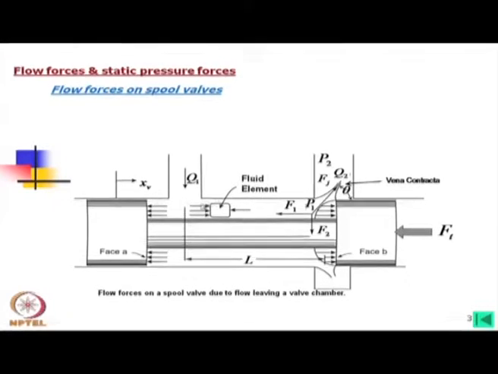Here it is fully open, so we do not have any angle, and we do not have any component of this flow in this direction. However, in this case, as the flow is going out, it will definitely have a force inside this chamber. The fluid is being thrown in this direction, so the force acts in this direction, F j, which will have two components: one along the axis of the spool and one in the lateral direction.